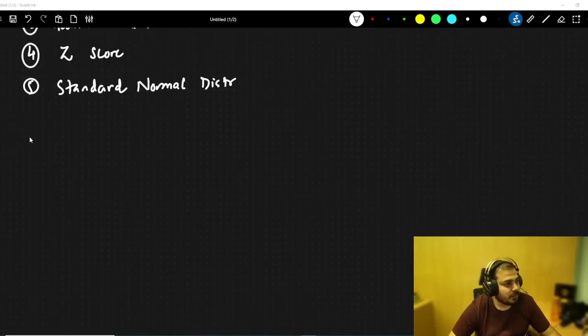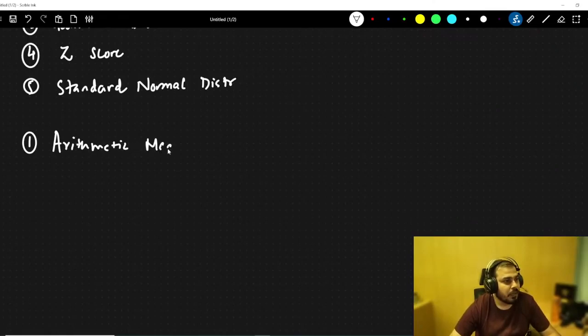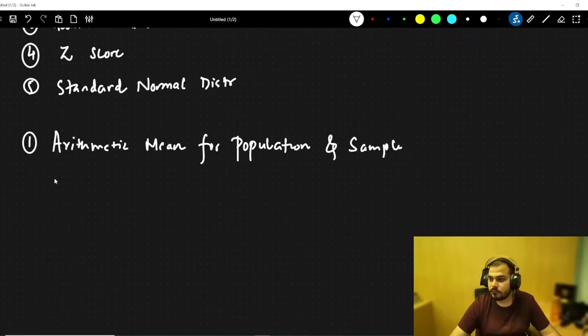The first topic that we are going to discuss is arithmetic mean for population and sample. Till then, you just write down the topics we learned yesterday.